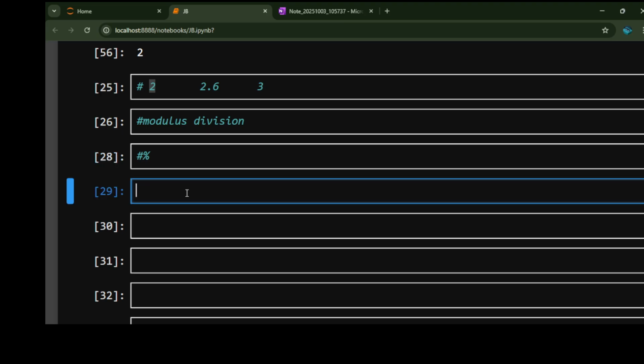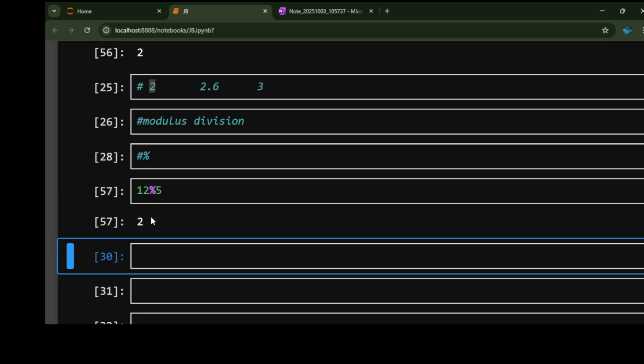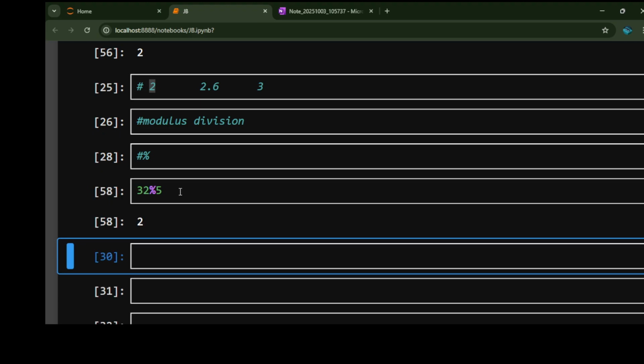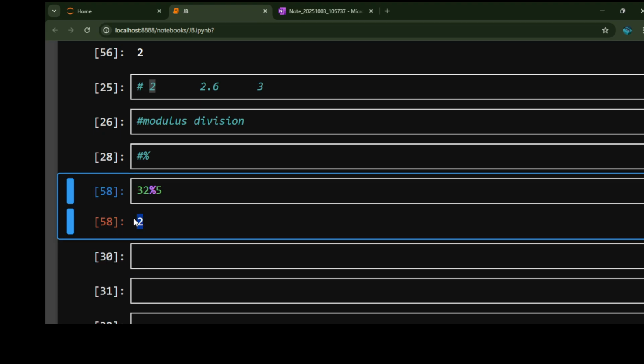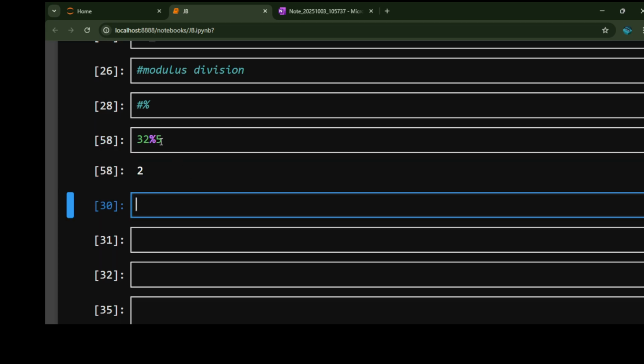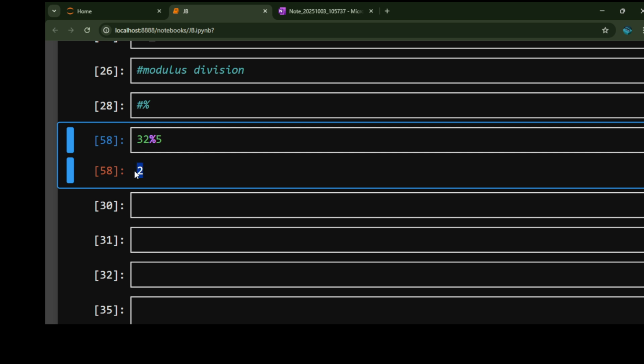Suppose we are having 32 divided by 5. Result here comes 2. How? This is the result of dividing 32 by 5, and the result of this operator will be the remainder of the division.